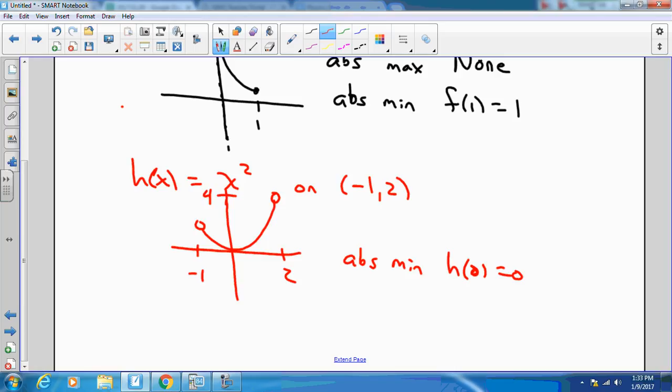Why not? Because it has a least upper bound of 4, but it never achieves that least upper bound. I can let x equal 1.9, 1.99, 1.99999, but x equals 2 is not in the domain.